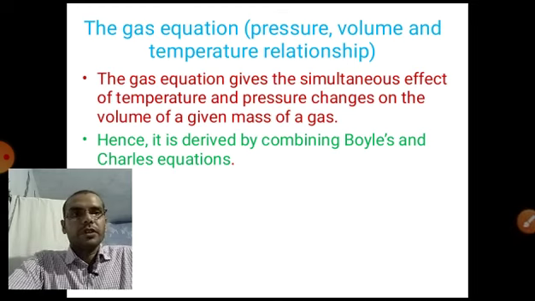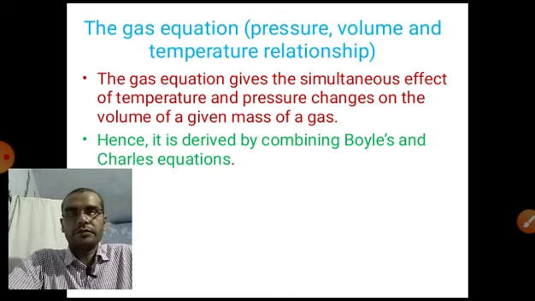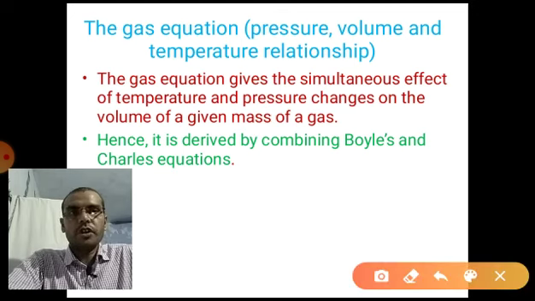Hence, this equation, the gas equation, is derived from combining Boyle's law and Charles' law. As you know, according to Boyle's law, at constant temperature for a particular amount of gas, the volume is inversely proportional to the pressure.